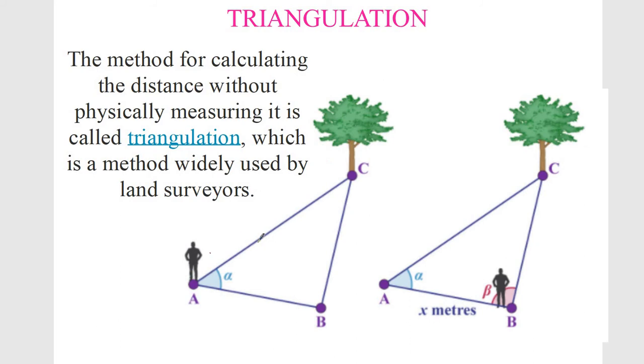I can measure this angle, and then I take a walk down the road some meters, and I go down to B, and I still look at that object, and I've got another angle. Now I know how far I've traveled and my two angles, and that's all I need to find out the rest of the pieces of the triangle. So how far away is that object?